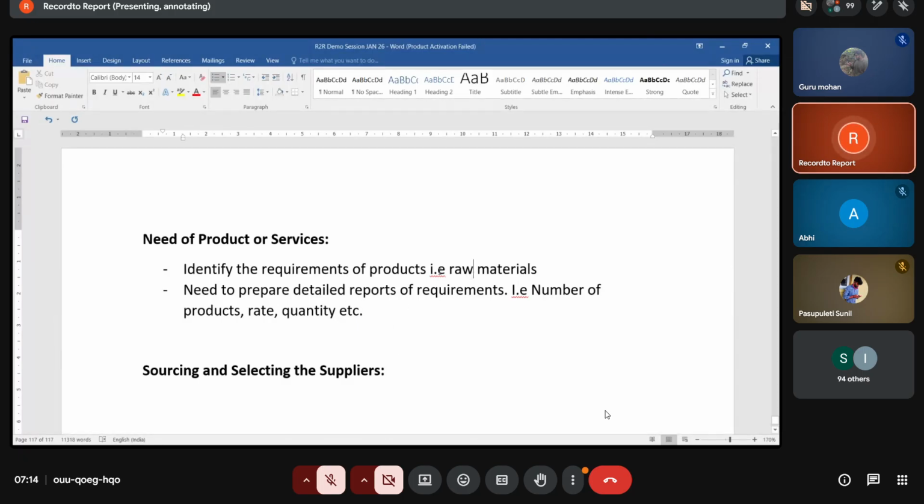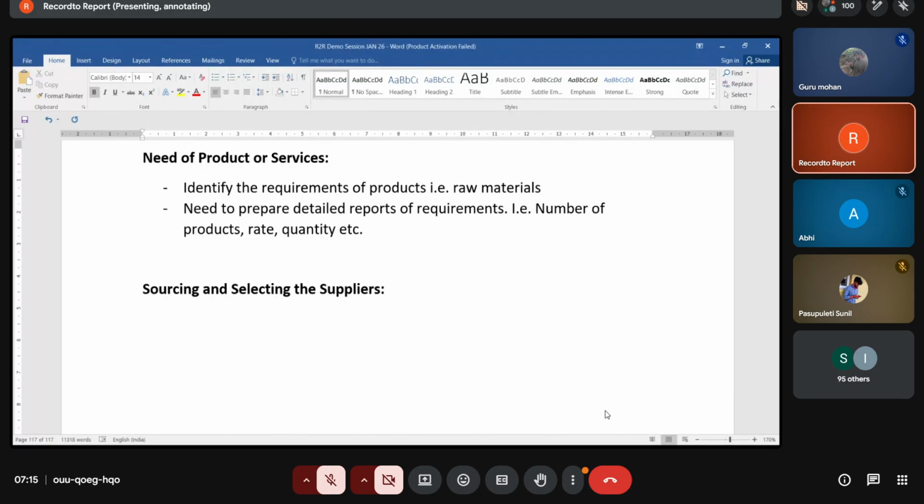Before that, we take quotations from each vendor, for example the product cost and the total amount. So first is sourcing and selecting the suppliers: identify the suppliers, seek the quotations, and select the best supplier from the available suppliers.